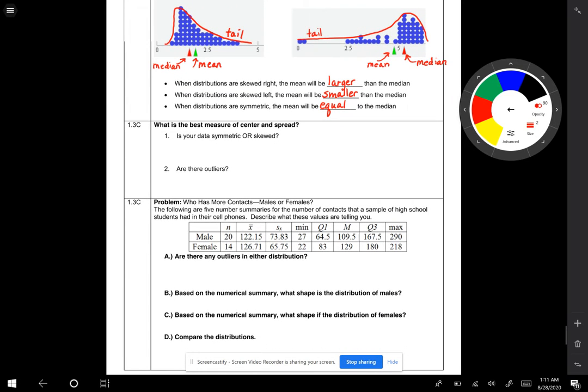What is the best measure of center and spread? Well, it depends if your data is symmetric or skewed. If your data is symmetric, we are going to use the mean for the center and the standard deviation for the spread.